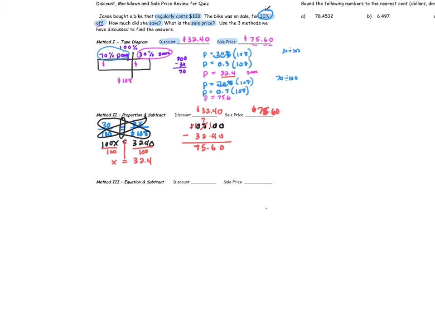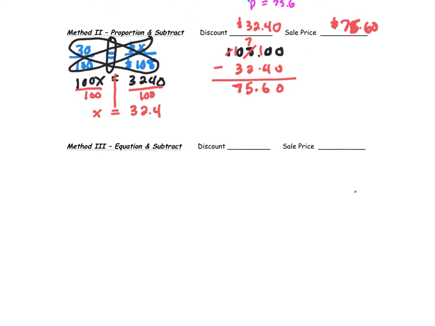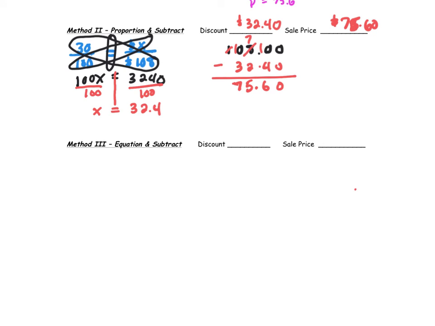So now let's get started. Let's go ahead and start our equation, which is part equals rate times total. And the percentage rate that they gave us in the word problem is 30%. Remember, the 70 we had to figure out.